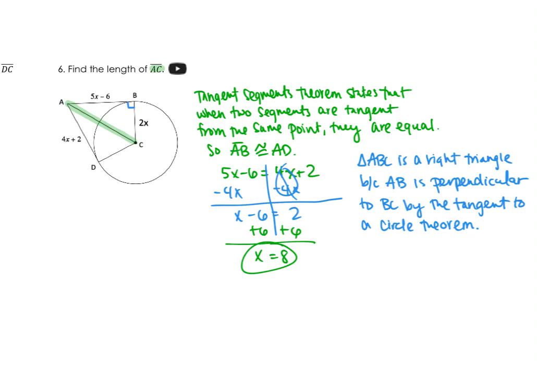Okay, so now I can use Pythagorean theorem. So first I'm going to plug in 8. So now that I've solved for x, I'm going to plug it in where I see it here.